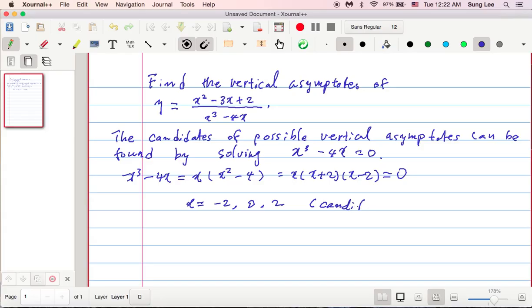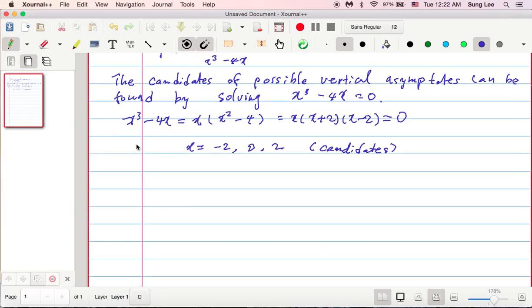We don't know at this moment whether all of them are vertical asymptotes or only some of them, and if some, then which ones. That's what we have to figure out. So first, the case x equals negative 2. Let's determine whether this vertical line is actually an asymptote.